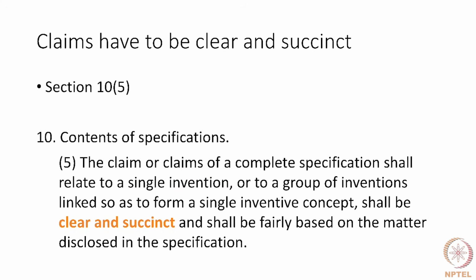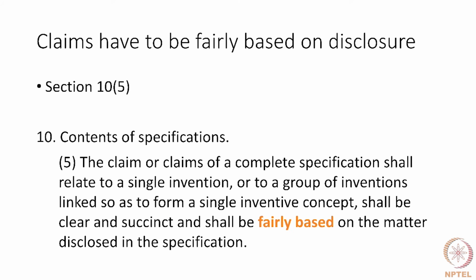The claims have to be clear and succinct. Now, being clear is to be without ambiguity, and to be succinct is to be precise. The claims also have to be fairly based on the disclosure. Now, this is the part where the claims have to be related back to what was disclosed in the specification.